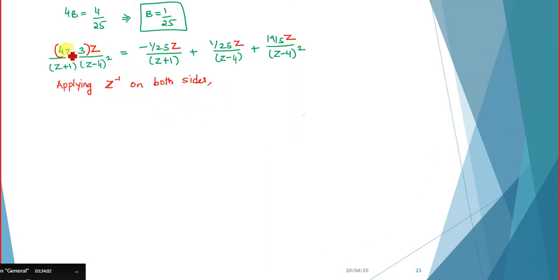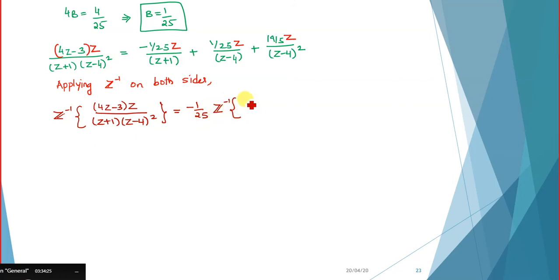So when we apply inverse z transform on both sides, we get inverse z transform of 4z minus 3z over z plus 1 z minus 4 power 2 equal. Now this minus 1 over 25 is a constant. Take it outside.